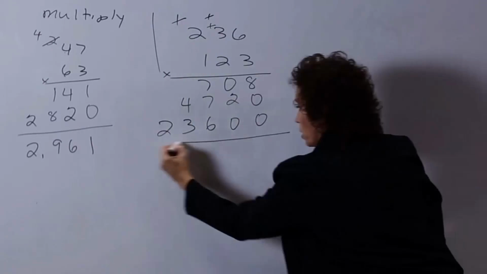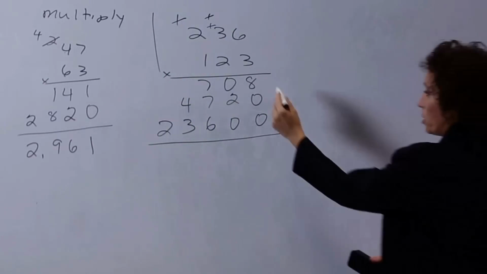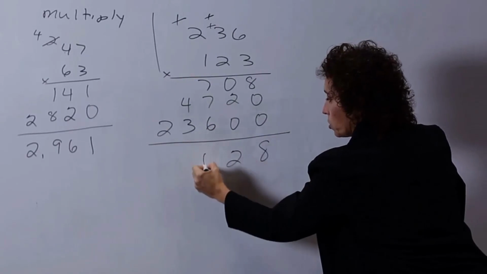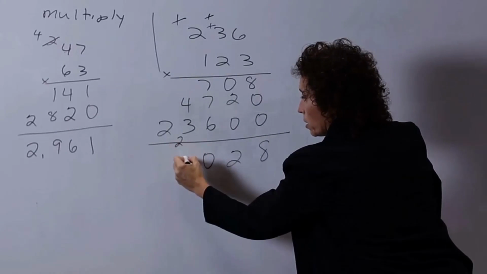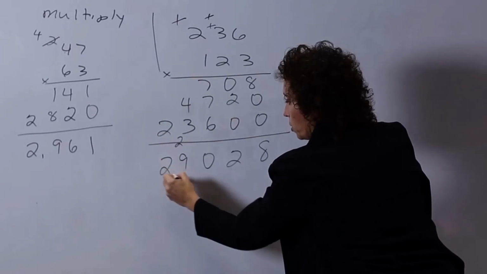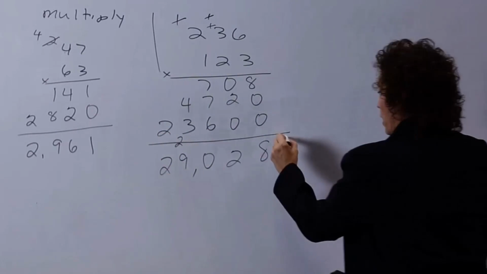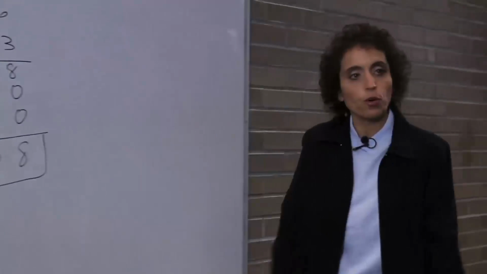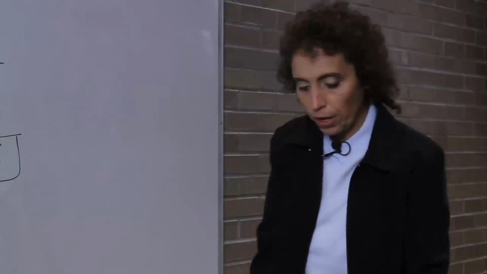I'm going to erase because I need some more space here. And again, adding up, making sure I stay aligned, we have 8, we have 2, 14 plus 6 is 20. That's 9, we have 2, so it's 29,028. And that's just straightforward multiplying, and that's all we're asking you to do there.